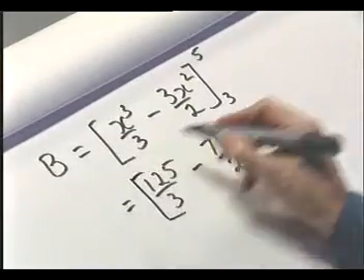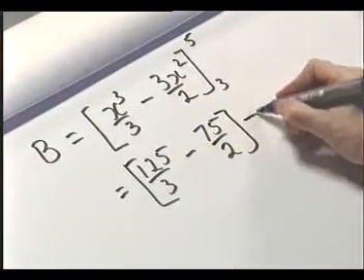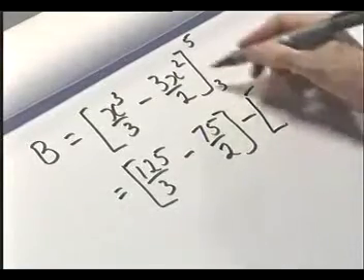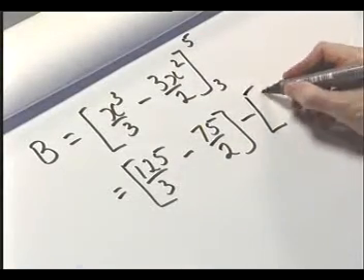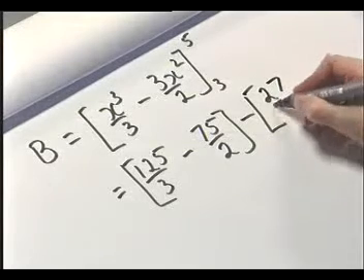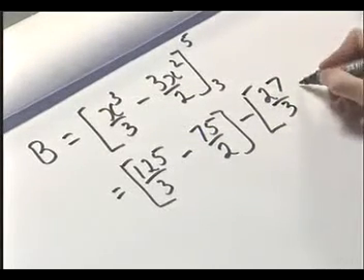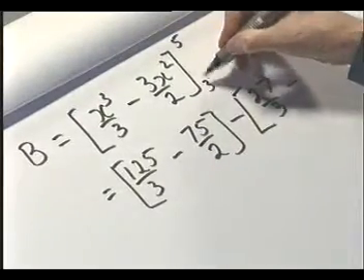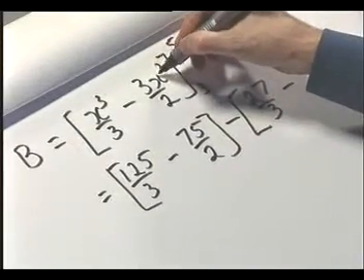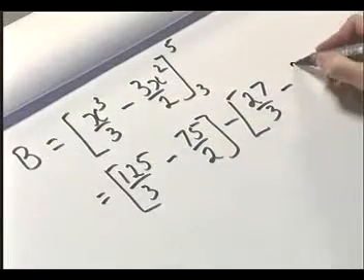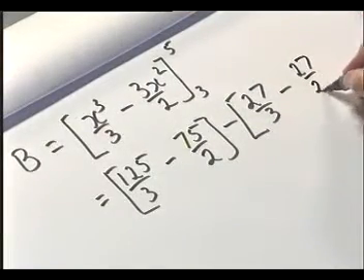And that's our first bracket. Minus, and now we put in the 3. So that's 27 over 3, because we've actually worked this out before, minus x squared, 3 squared is 9, times 3 is 27 over 2.